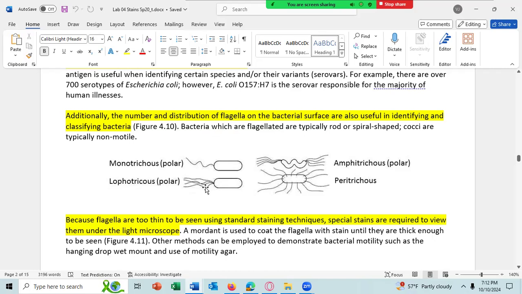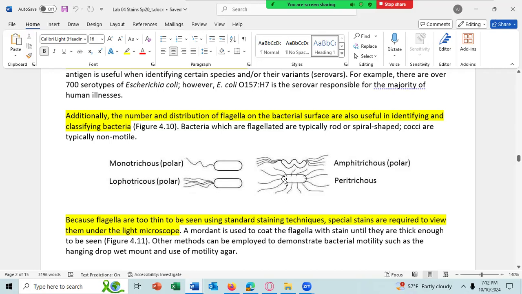You can have lophotrichous, where there are multiple flagella on one end of the cell. You can have amphitrichous, where the flagella are on both ends of the cell. And you can have peritrichous, where there are flagella coming out of the cell in all positions.